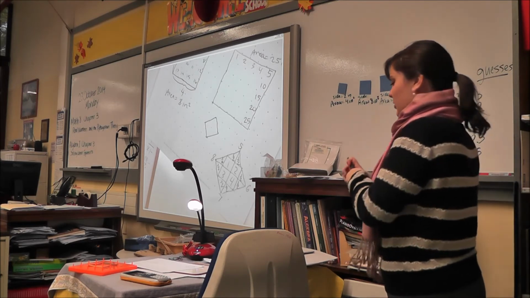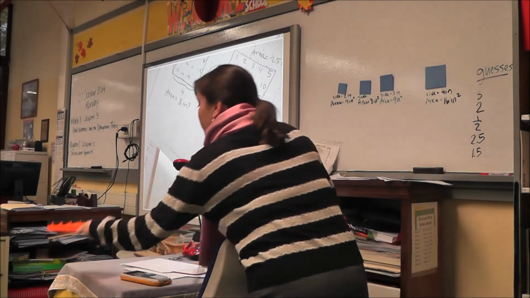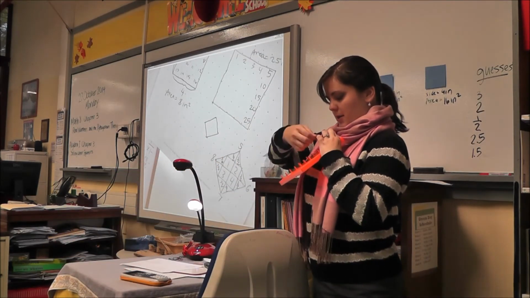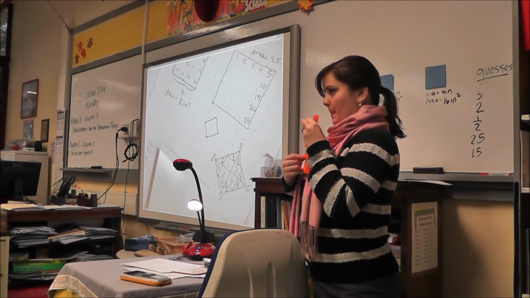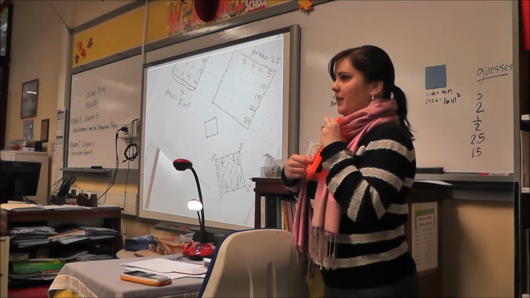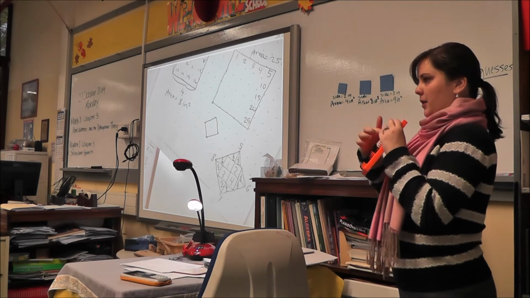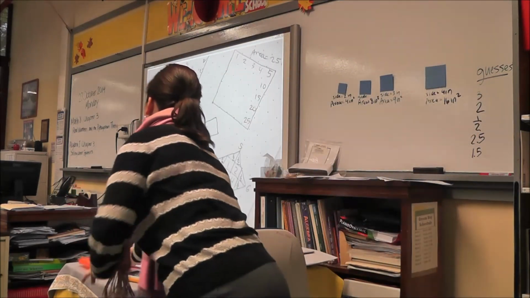Okay, look up here. Let's do some of these. Okay, first of all, remember how this is 2? And that this, which is what our side length is, is more than 2? So it's probably not 2. And it's probably not 3. So let's look at it another way.